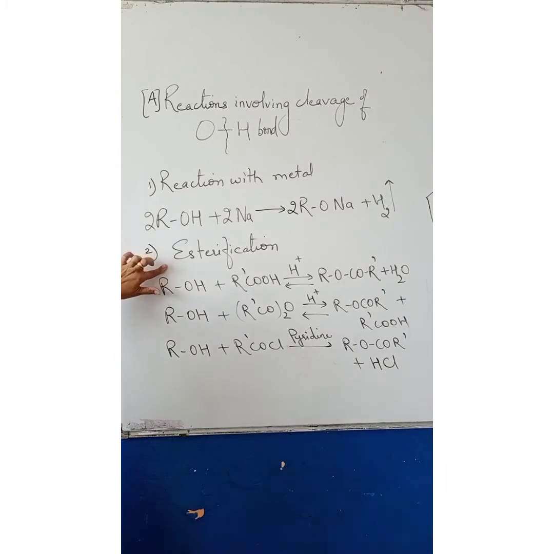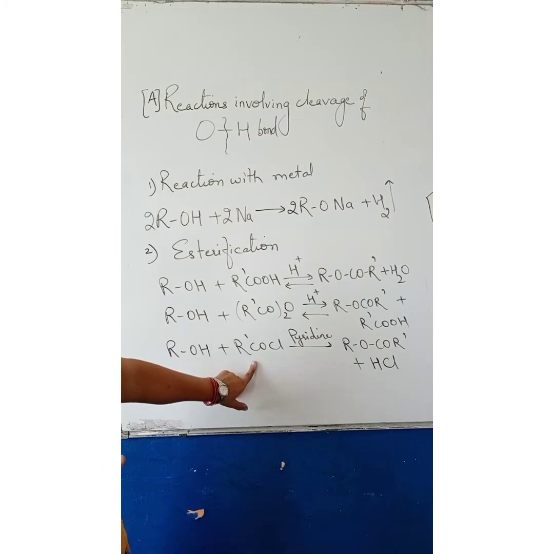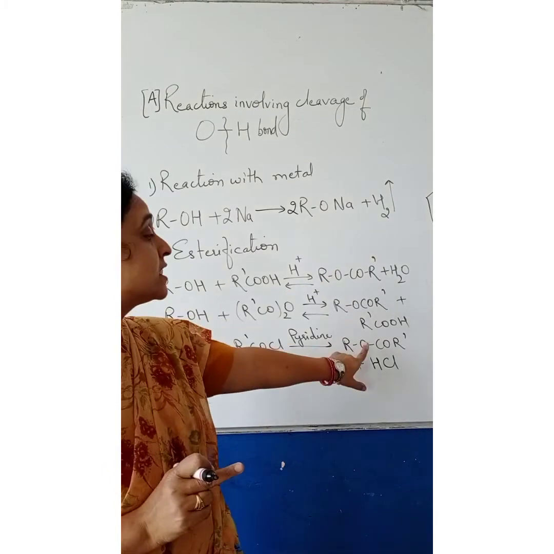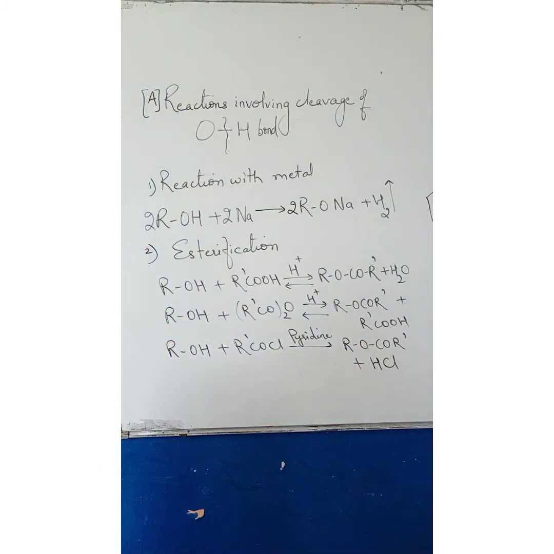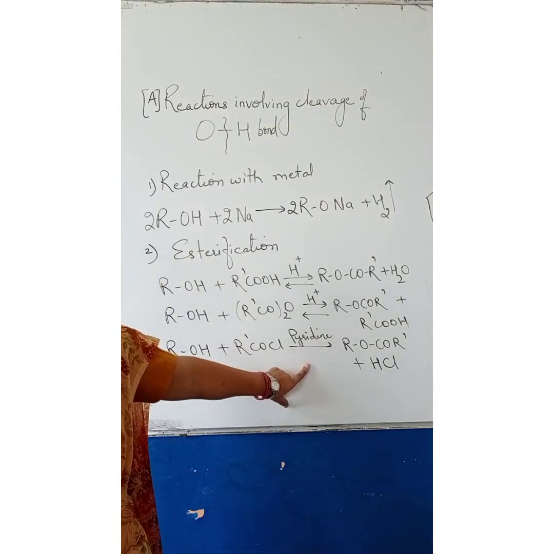The next one is esterification reaction, where alcohol combines with either a carboxylic acid or acid anhydride or acid chloride to form ester, which is a pleasant fruity smelling compound. Here you can see that when we are treating alcohol with acid chloride, we are making use of pyridine.